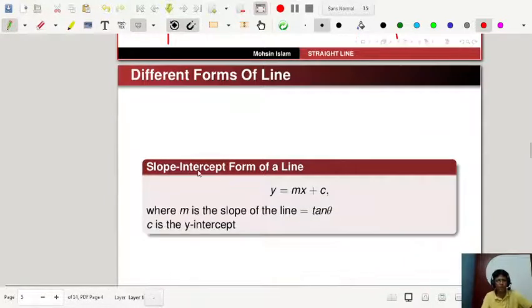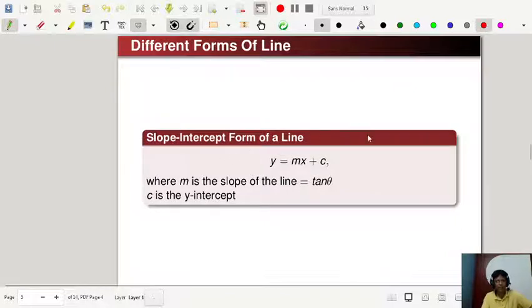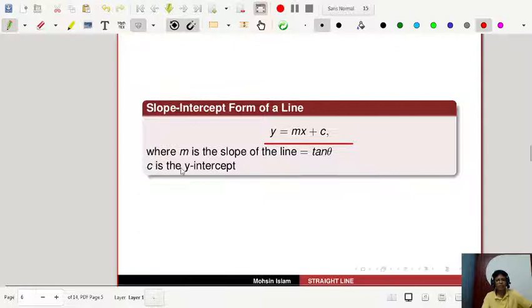Now, what is the slope intercept form of a line? Y equal to mx plus c, where m is the slope of the line, equal to tan theta, and c is the intercept.